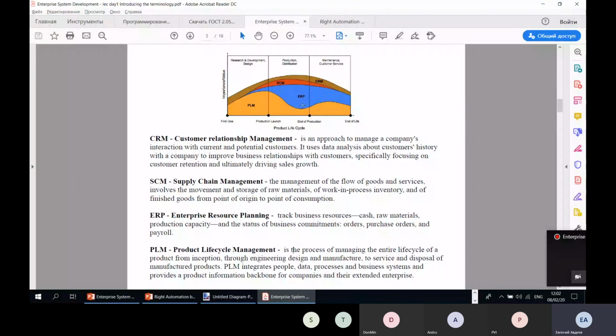From the other side, we also have some PLM instruments, but sometimes they can be used as parts of CRM or SCM. It mostly depends on the difference in the business processes of our enterprise.